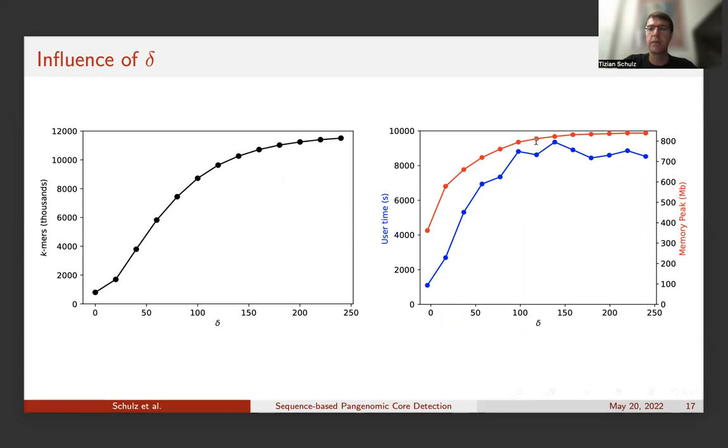And we also see, if we compare this to the runtime and the memory usage, that both actually correlate quite well to the size of the output. So this is one thing that we can hold, that the runtime and the memory usage for increasing values of delta is mostly influenced by the output size.